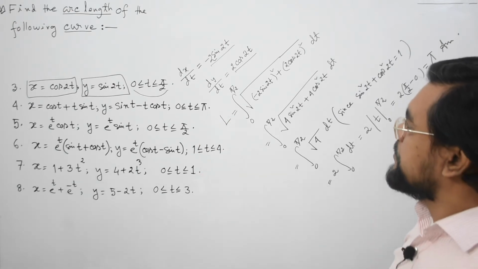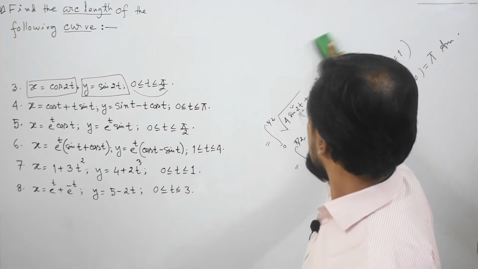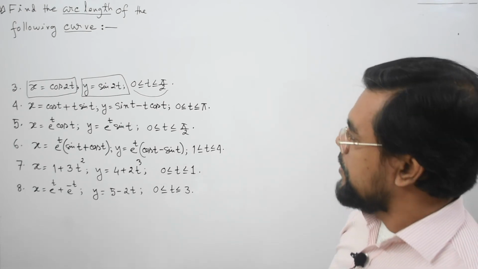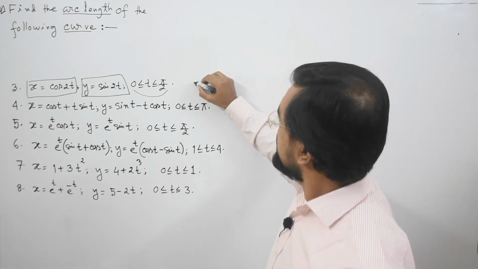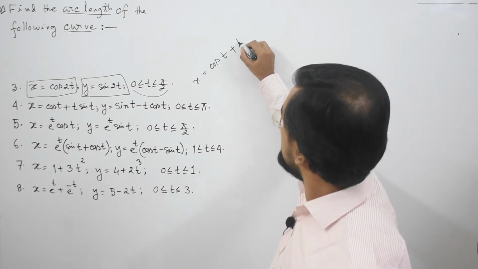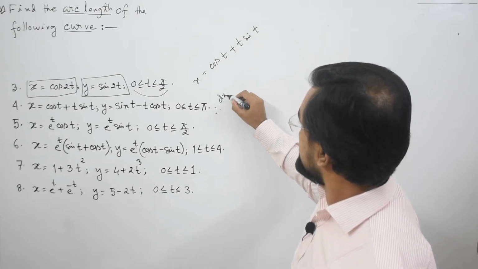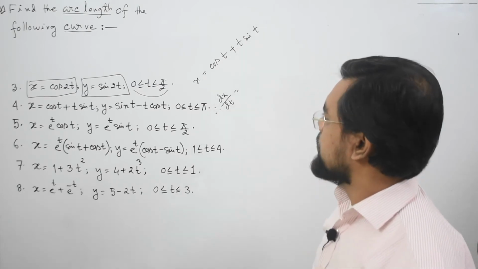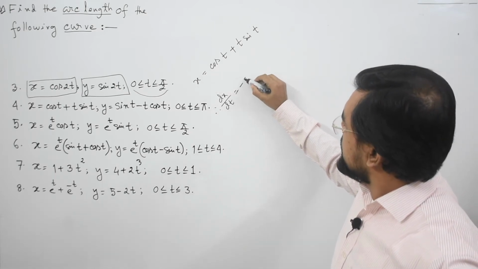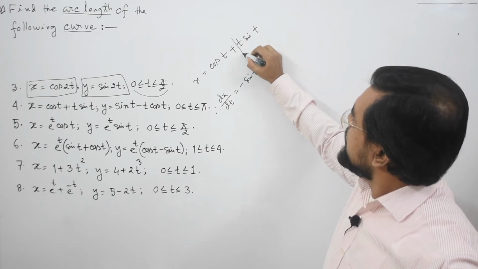Now let us try example 4. And here x equals cosine t plus t sin t. So dx by dt is equal to the derivative of cosine t, minus sin t, plus we can use the product rule here.